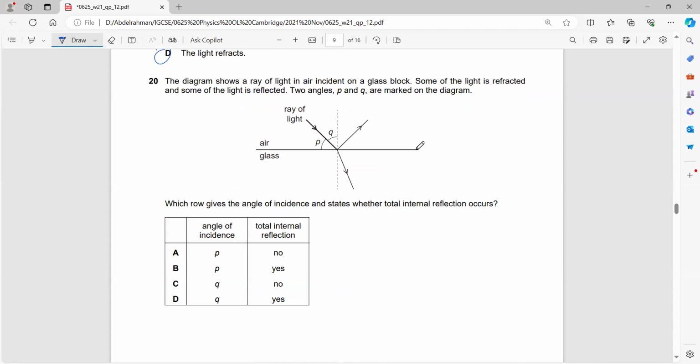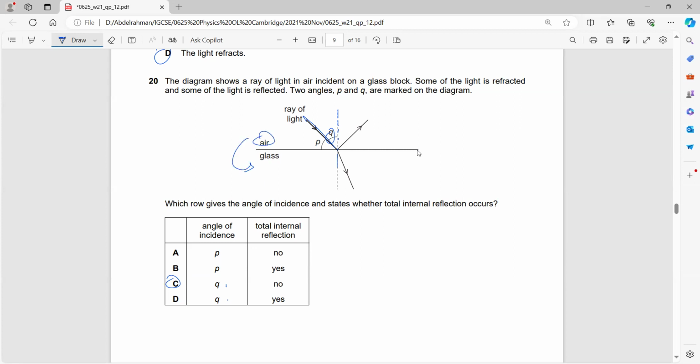Which row gives the angle of incidence, and is this total internal reflection or not? The angle of incidence has to be between the ray and the normal line, so it has to be Q. Is this total internal reflection? Definitely not. Why? Because you cannot have total internal reflection when moving from air to glass.